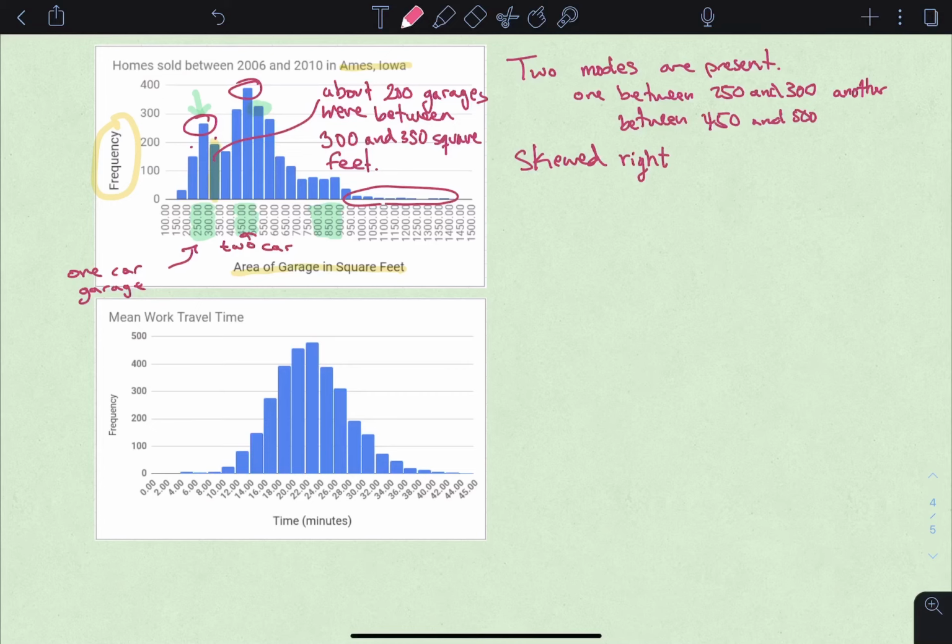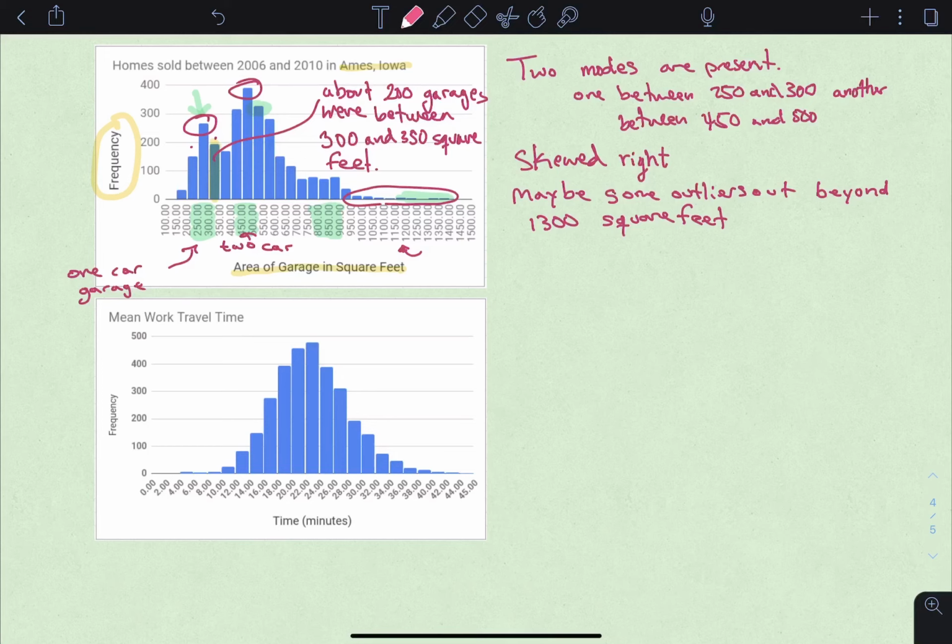You might call those ones at the end, maybe some others, outliers out beyond 1,300 square feet. 1,200 square feet, is that a reasonable size for a garage? No, it's not.